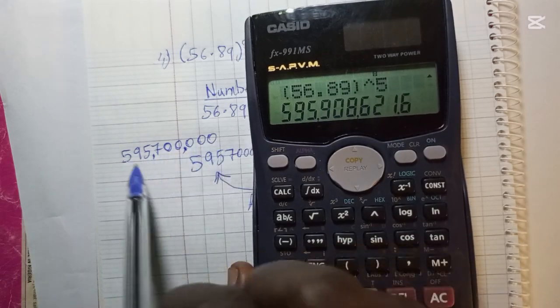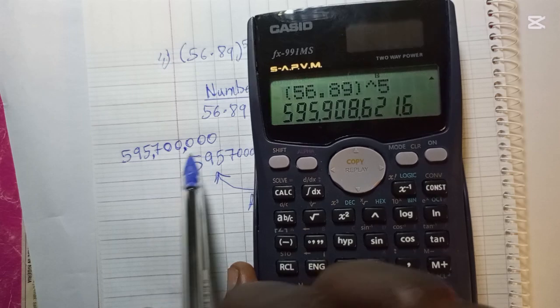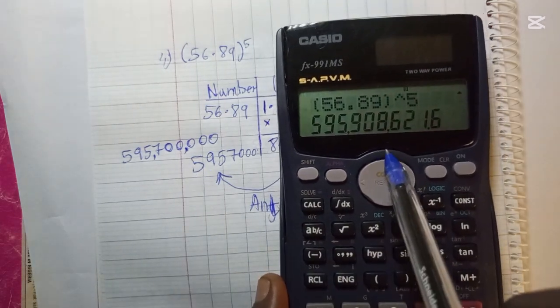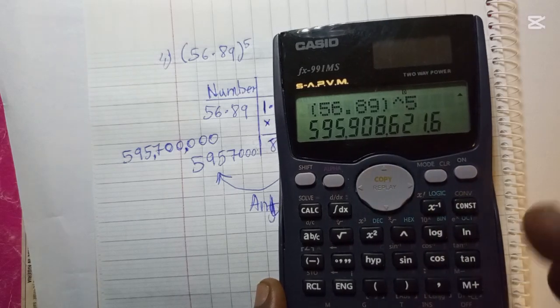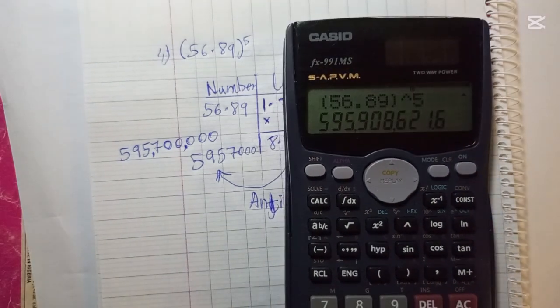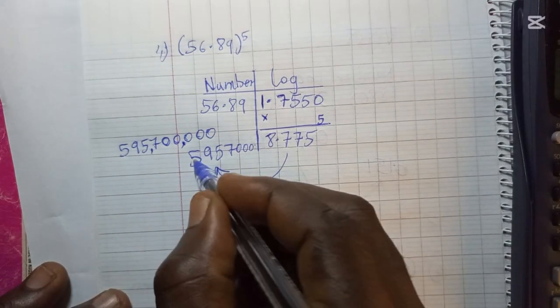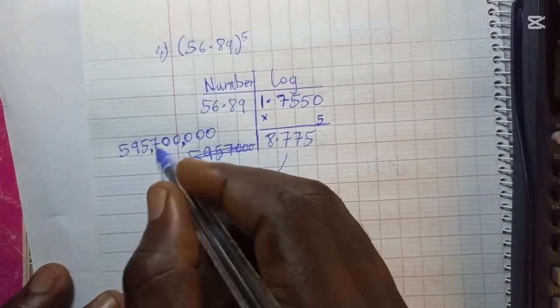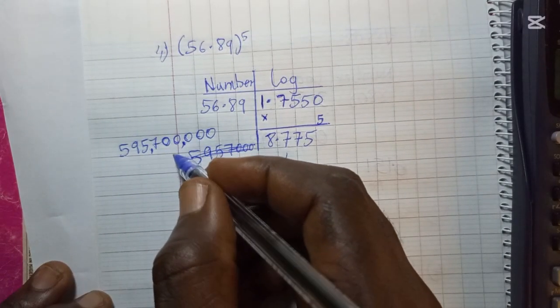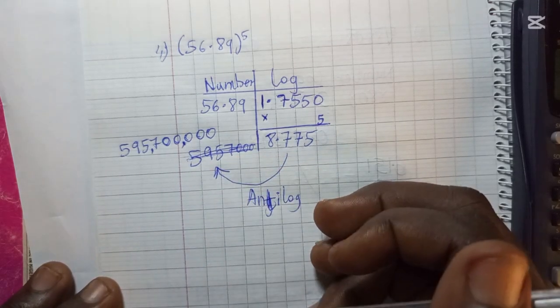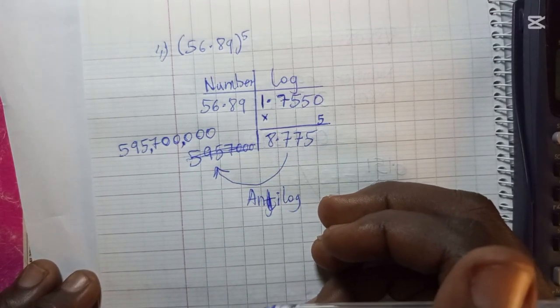So they are close. This is the answer from using logarithm, and this is the answer from using the calculator. So that is the end of the calculation.